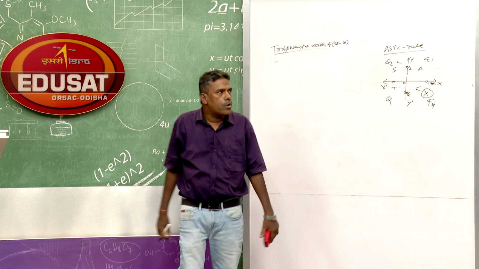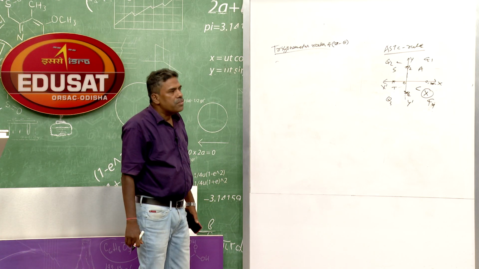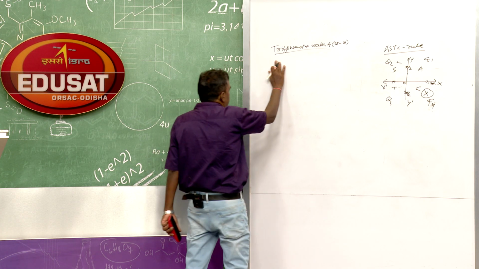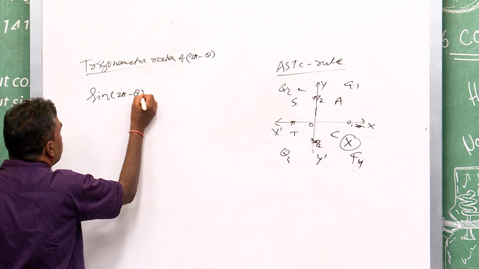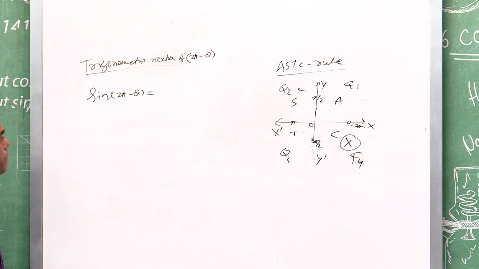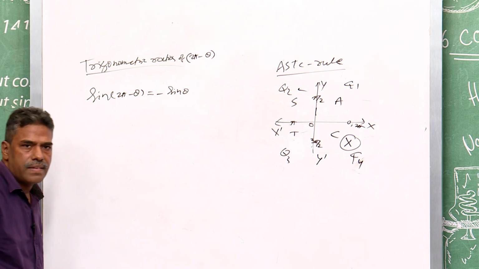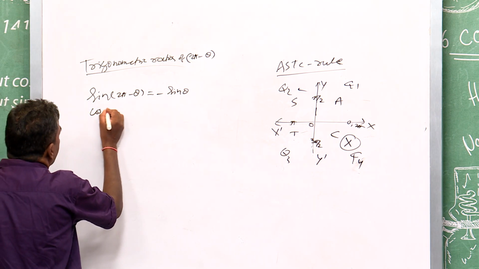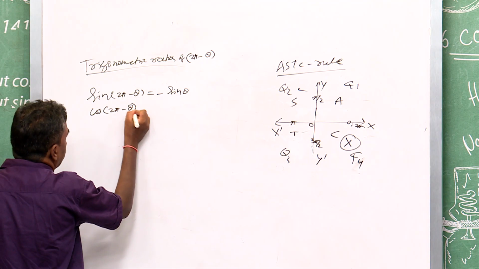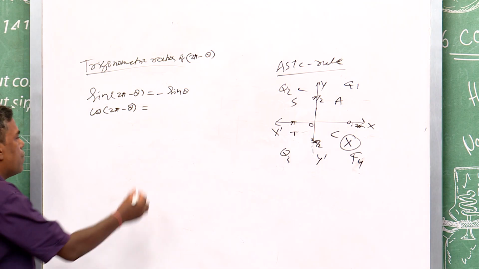In quadrant 4, cos and sec are positive, others are negative. So, sin of 2 pi minus theta is minus sin theta. Then cos of 2 pi minus theta, cos is positive in quadrant 4, so it is equal to cos theta.